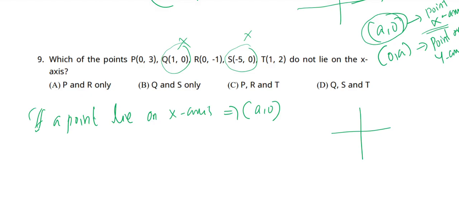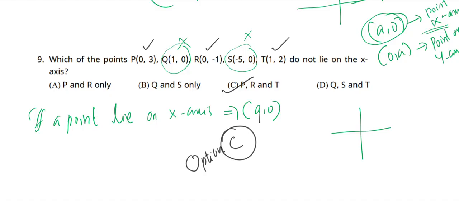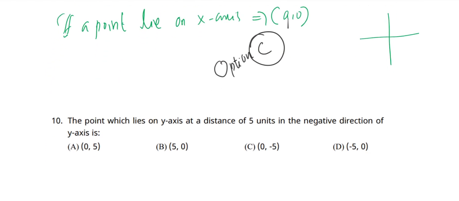The remaining points, which do not lie on the x-axis, are P(0, 3), R and T. So P, R and T. So option C is the correct option. (-5, 0) and (1, 0) lie on the x-axis.